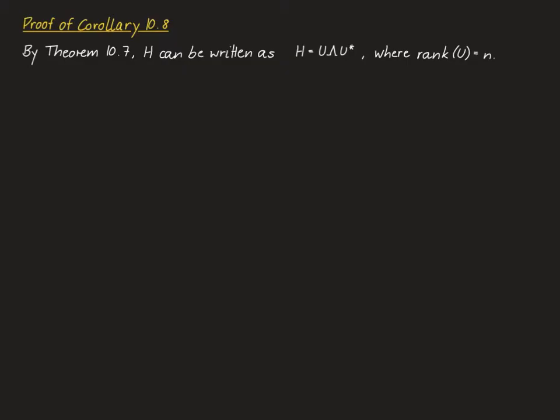For the proof of Corollary 10.8, we first write H according to Theorem 10.7 as U times lambda times U star, where the rank of U is equal to n because U is a unitary matrix.